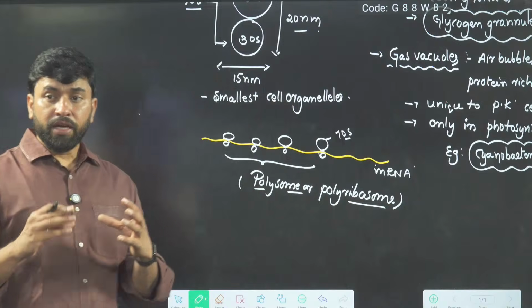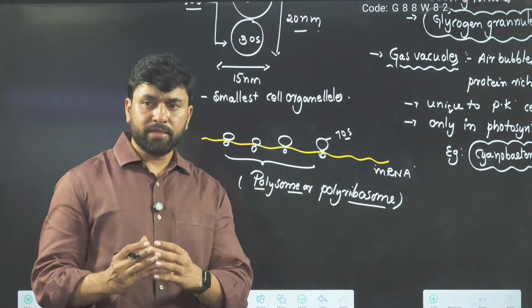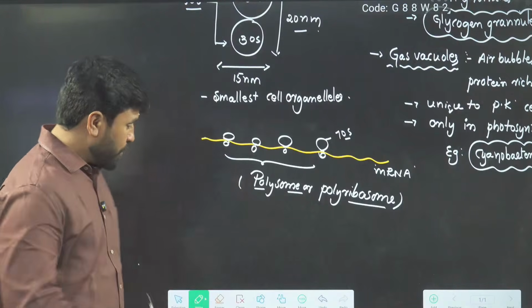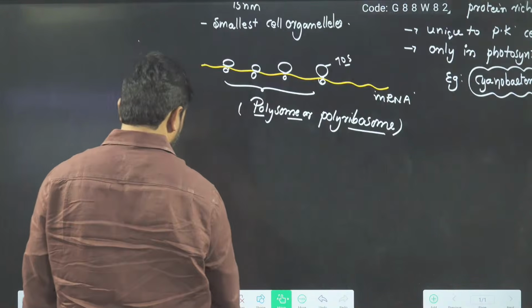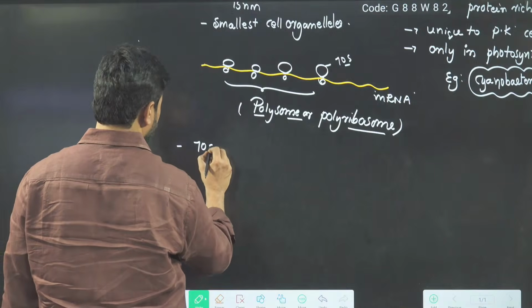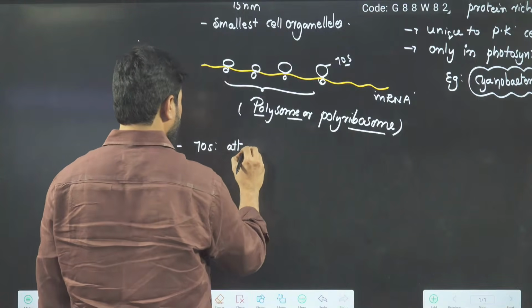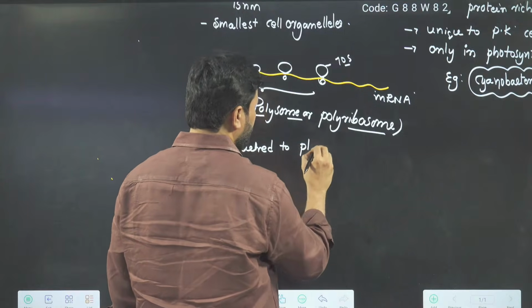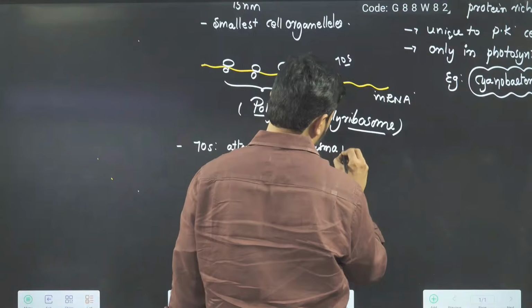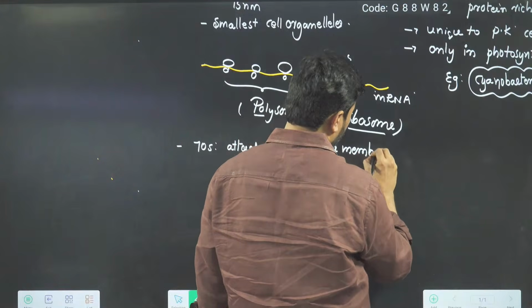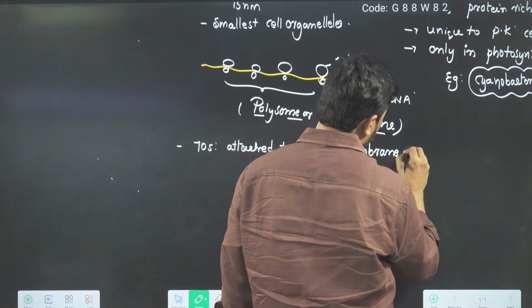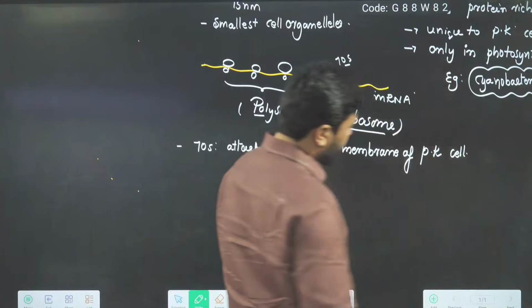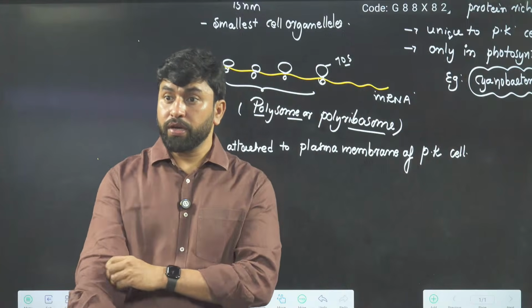Next one. In a prokaryotic cell, where these ribosomes are found is also another very important thing. 70S ribosomes are attached to the plasma membrane of the prokaryotic cell.